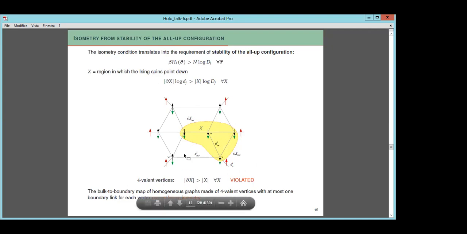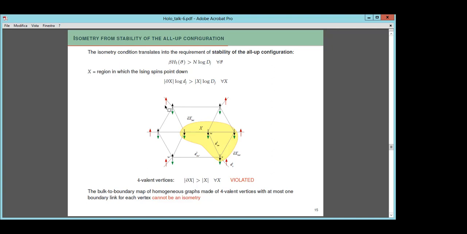And what we can observe is that in the case of a graph, we are in the homogeneous case, so all spins are equal to the same value. If the vertices are 4-valent vertices, which is the case in which the dimension of the intertwiner is equal to the dimension of the link, this inequality is violated because the number of edges on the boundary has to be greater than the number of vertices in the bulk, whichever region we take.